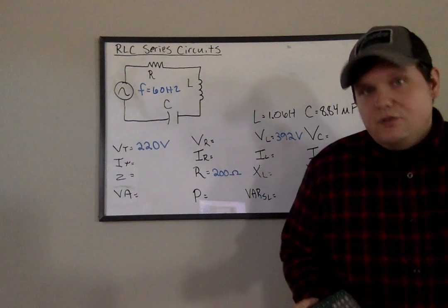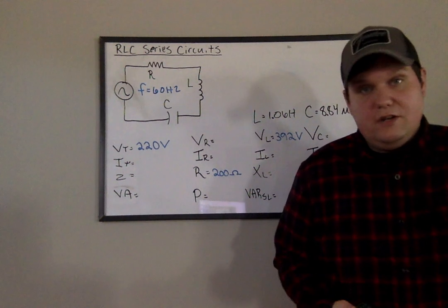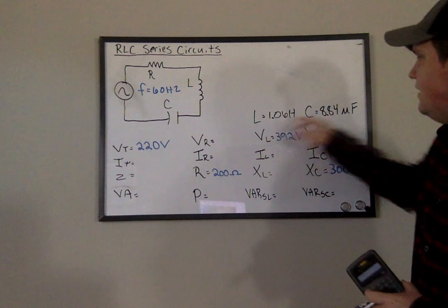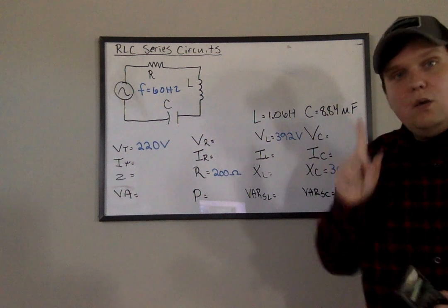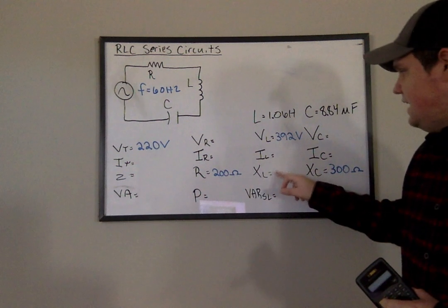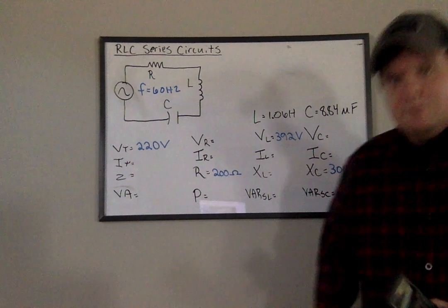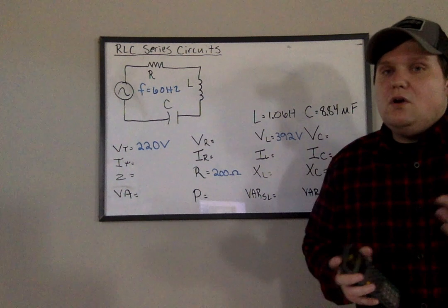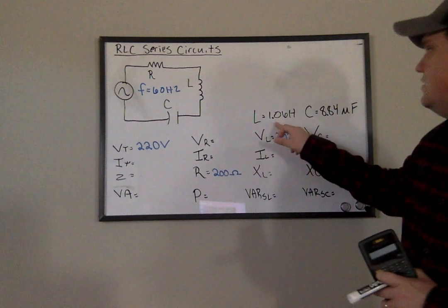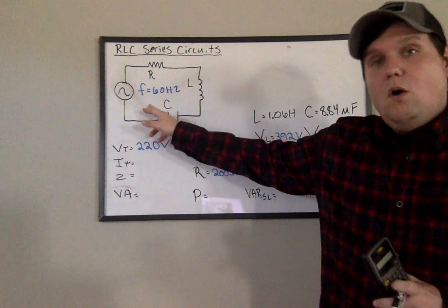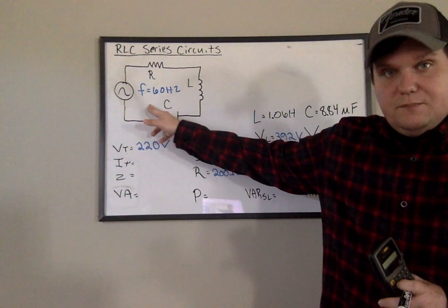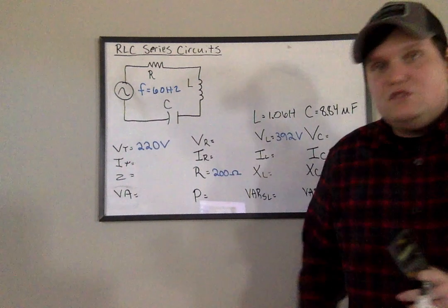I just want to give you guys a little bit of a hint here. These L and C values are only good for calculating one thing, and that's going to be XL or XC. So if I give you an inductor or a capacitor value, and remember, I will always give you frequency, that's where you want to start.